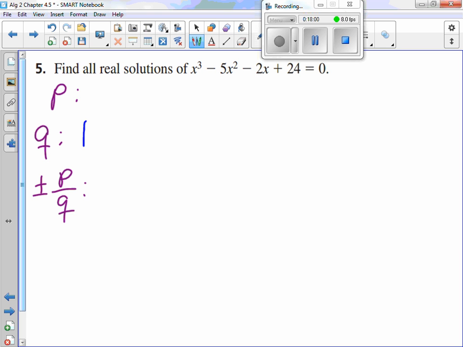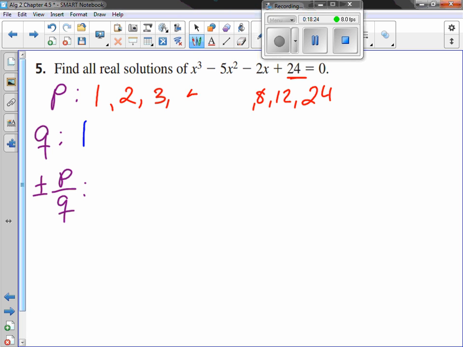Because the leading coefficient is 1, so the only factors of 1 are 1. Now the factors of p, our constant term is 24, so we would have 1 and 2 and 12, 3 and 8, 4 and 6.